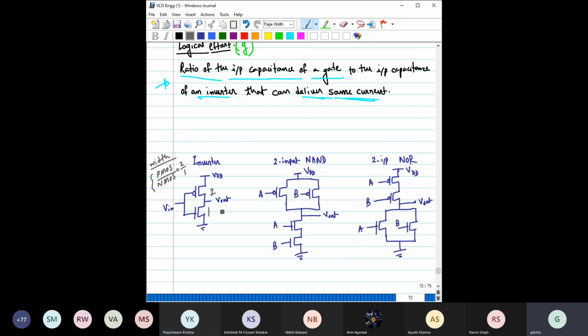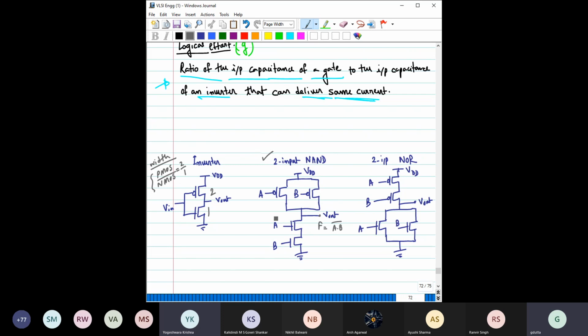Now, once we have fixed it, on the same technology node, suppose you want to make a 2 input NAND gate. This is the transistor level diagram of a 2 input NAND gate. I think now all of you will agree that F would be equal to (A dot B) bar, isn't it?